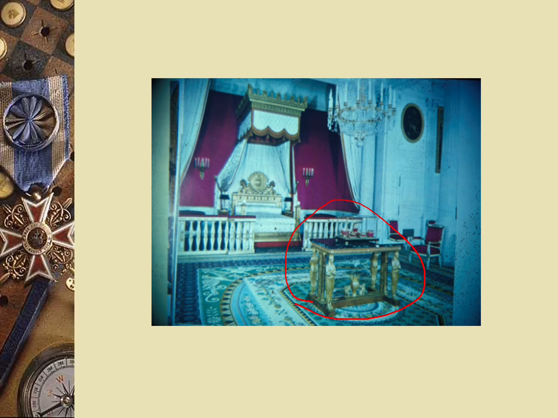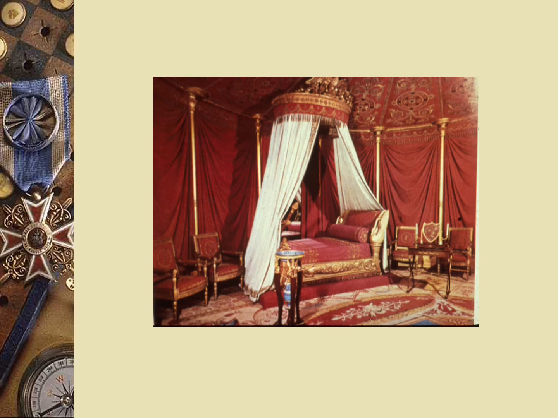So you've got all sorts of stuff going on here, but the most important one that you can see are the caryatids that sit at the base. If you'll remember, that is something that is distinctly Greek, and that is where Napoleon would have drawn the inspiration.